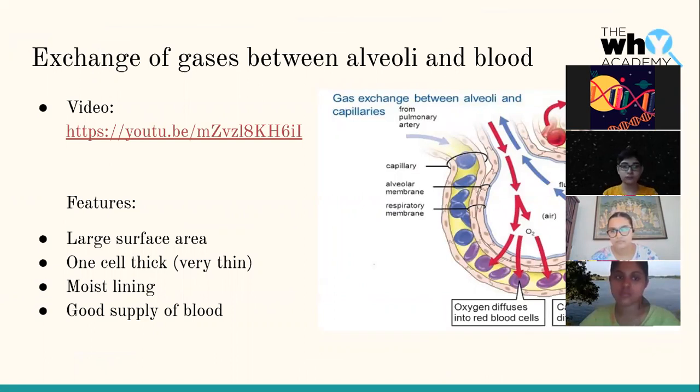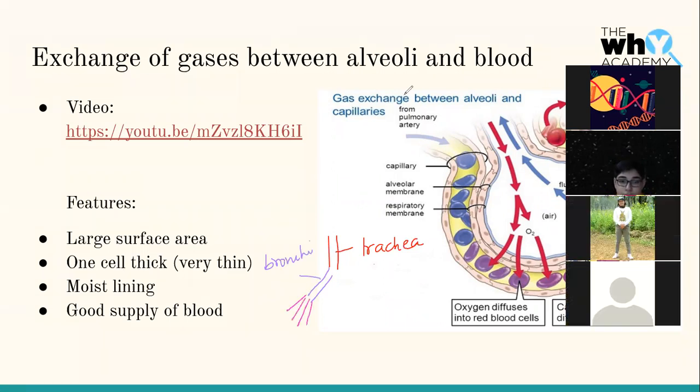Just one quick recap. If this is your trachea, then you have bronchi, followed by bronchioles.